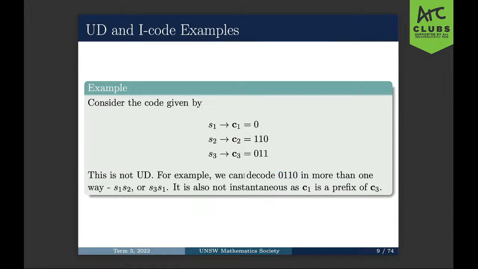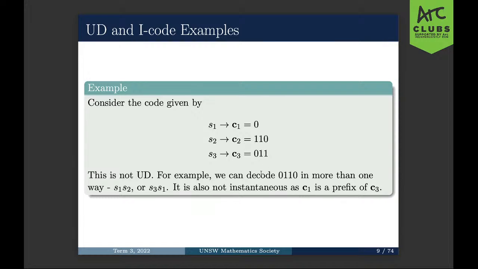So there are two ways of reading this: S1 S2 or S3 S1. This is basically the general method for showing that a code is not uniquely decodable. You just have to come up with an example message that you can interpret in two or more ways.